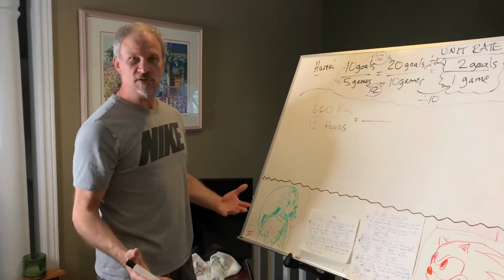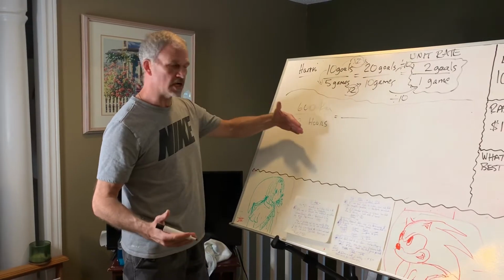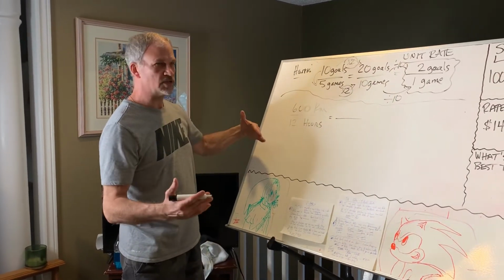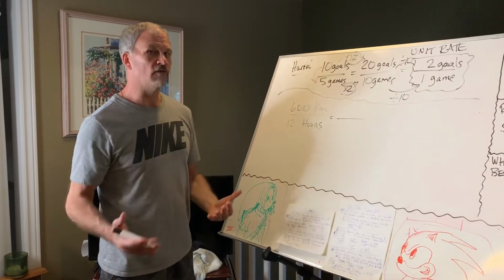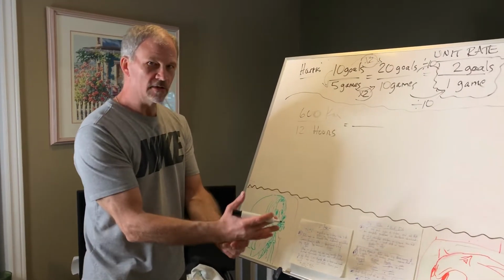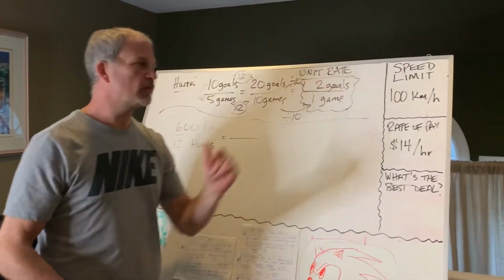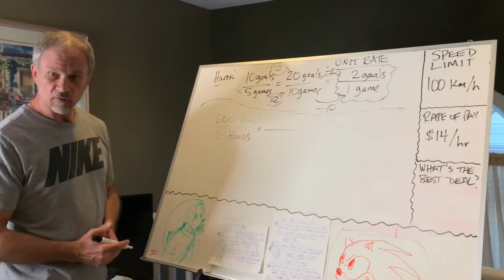This is a rate of speed, right? There's distance, there's time, it's how fast you're going, but I don't know how fast I'm going as a unit rate, where we talked about speed limit before, but I can figure it out.